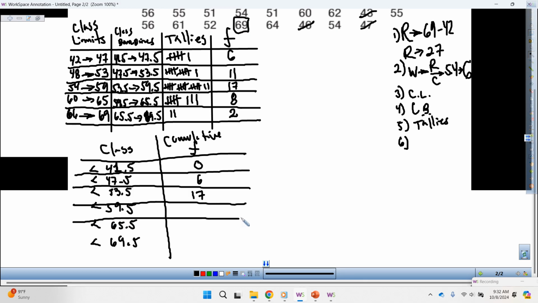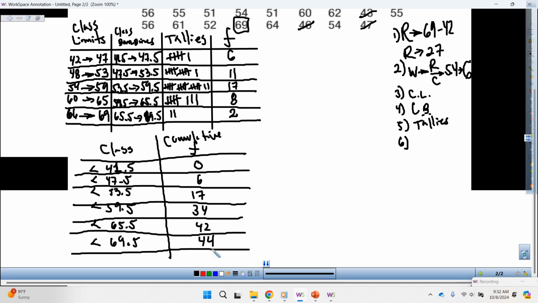Less than 59.5 is 34. My goodness, focus. Less than 65.5. What is it? 42. And then at the end, 44. All right.